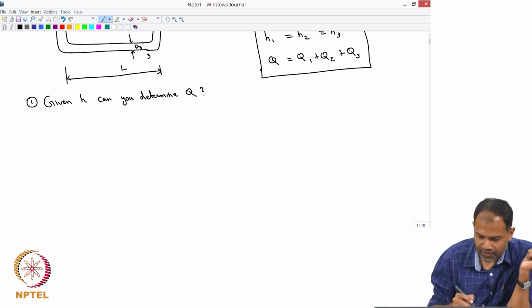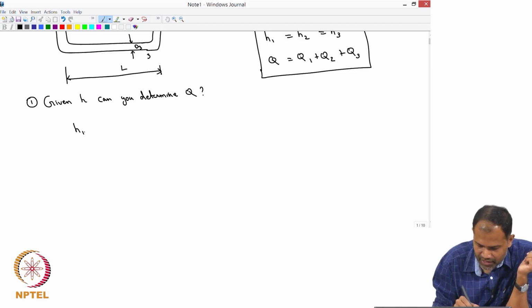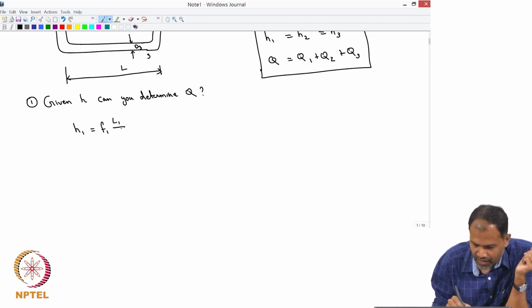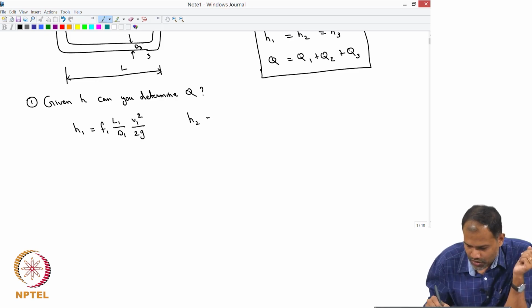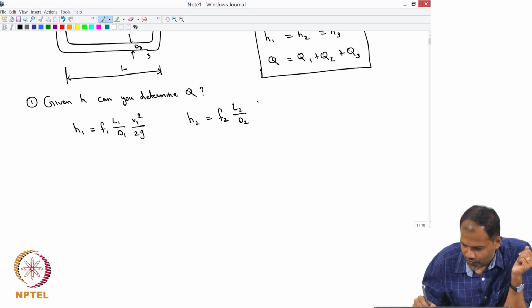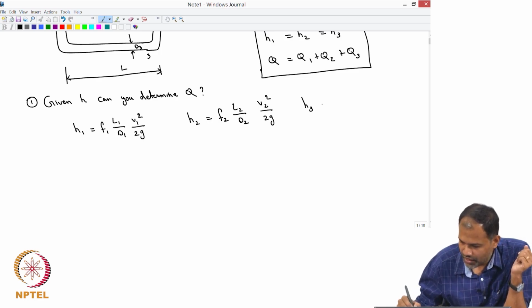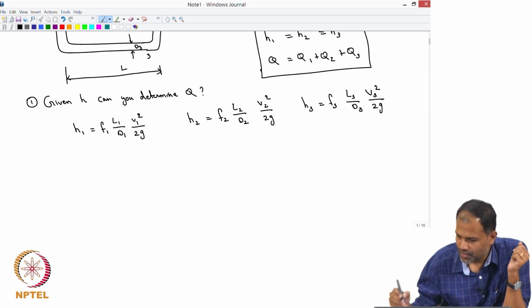Now, you could write down the relations. H1 is F1 into L1 by D1 into V1 square by 2g, H2 is equal to F2 L2 by D2 V2 square by 2g, and H3 equals F3 L3 by D3 V3 square by 2g.